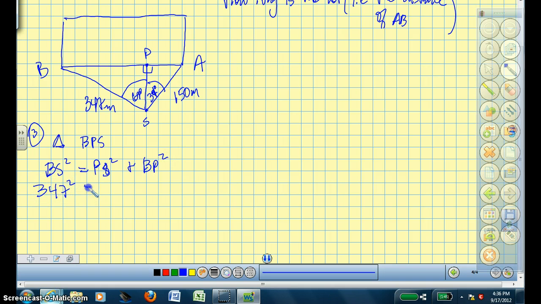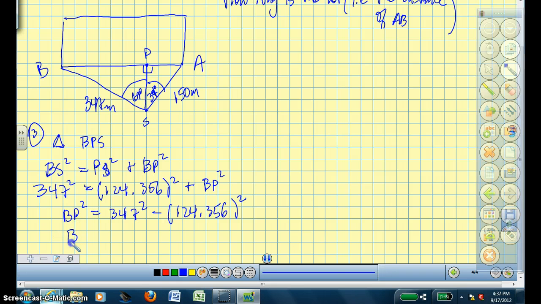347 squared is equal to 124.356, which we found in step number 1, squared, plus BP squared. BP squared is 347 squared minus 124.356 squared, which is equal to 104,945.